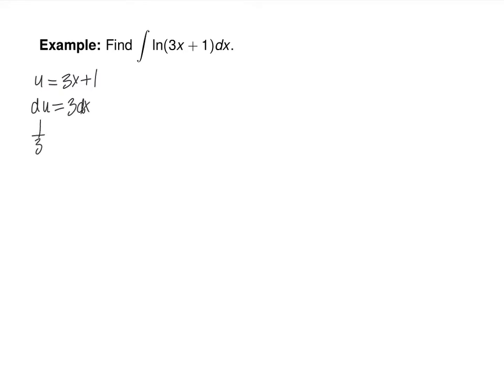So a third du equals dx. So this becomes 1/3 antiderivative of ln of u du.